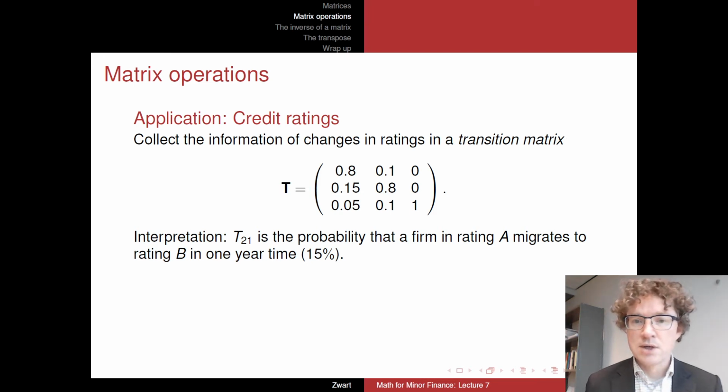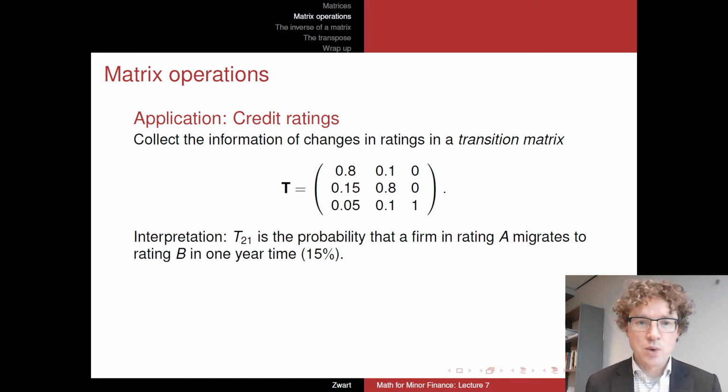So 0 probability of going to the A rating, 0 probability of going to the B rating, and hence a probability of 1 of remaining in class D. So this just summarizes the information that we have from these probabilities of changes in rating from one year to the next, depending on what class you start out in.